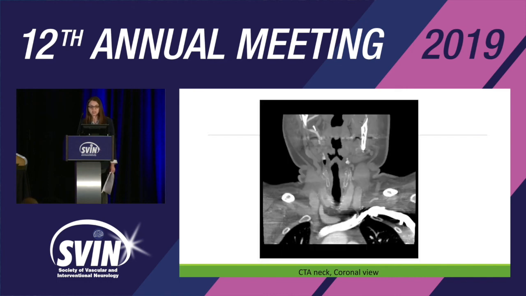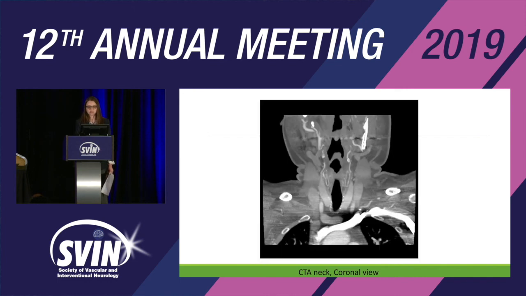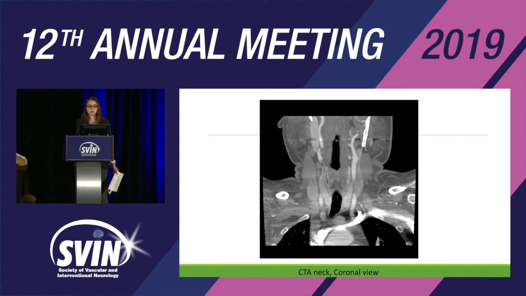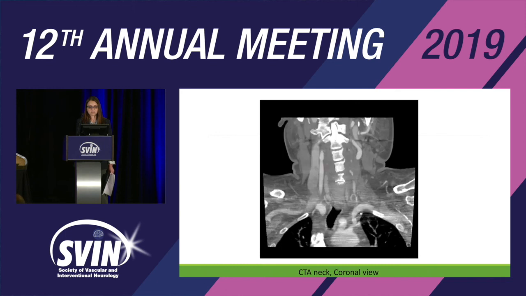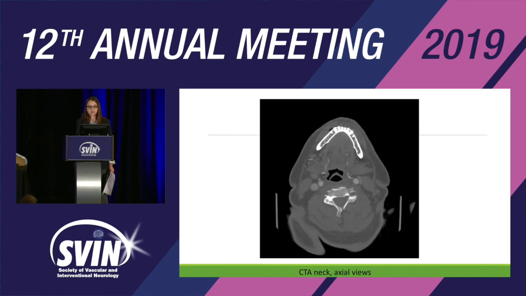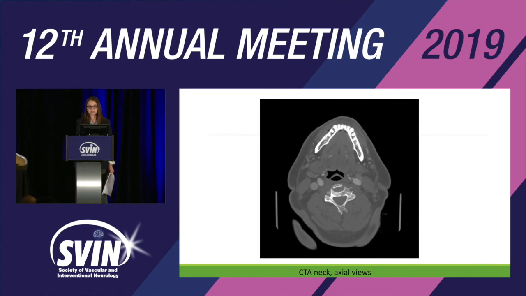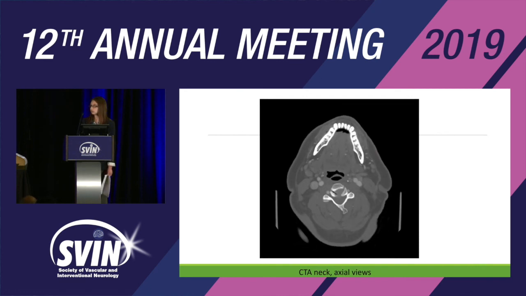So CTA neck, I'll scroll through here, was essentially unremarkable. He did not have any significant atherosclerosis, as you can see. Again, the CTA neck axial views here. There's no significant atherosclerosis or stenosis that we could see.